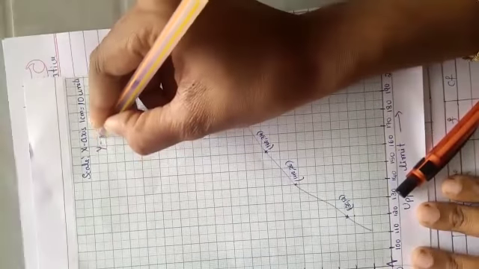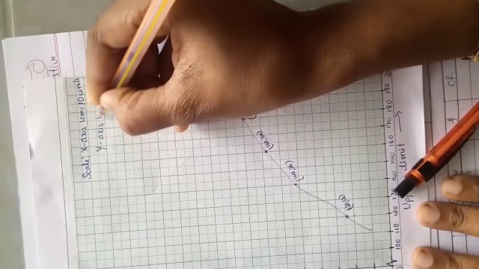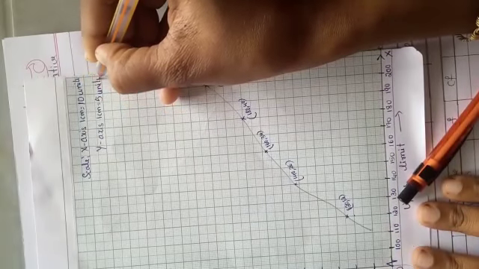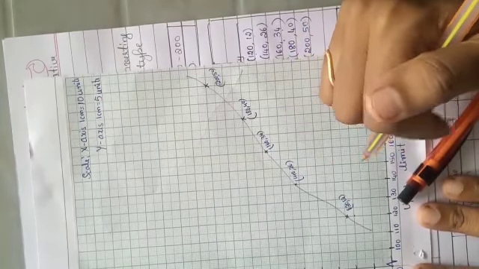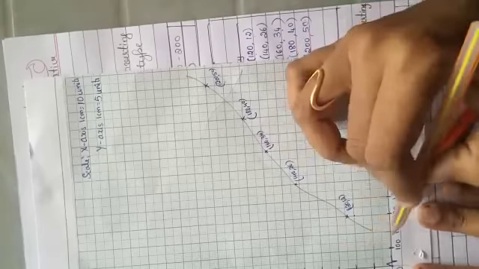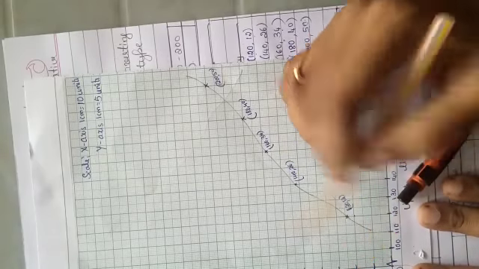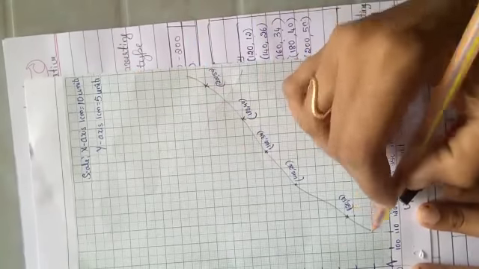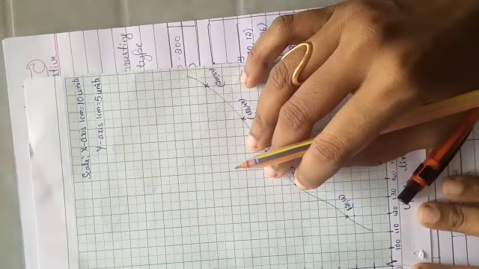And y-axis 1 centimeter I have taken as 5 units. While drawing the ogive, you can take your own scale. The x-axis and y-axis scales need not be the same. You can take any scale that is comfortable for you. Okay students?